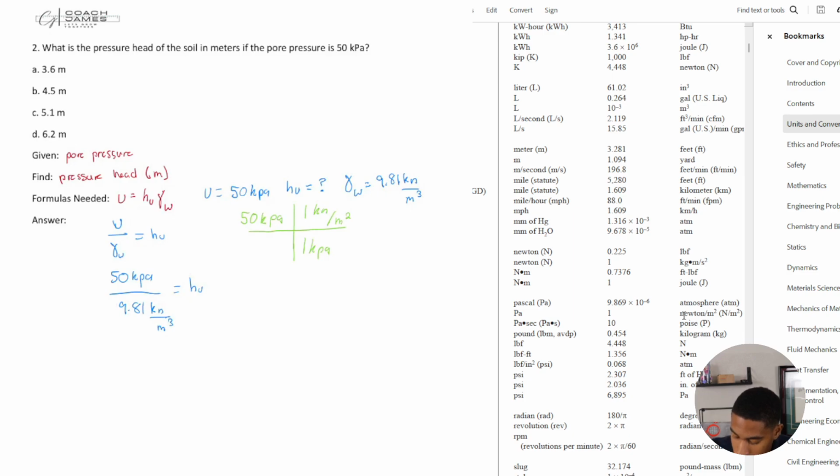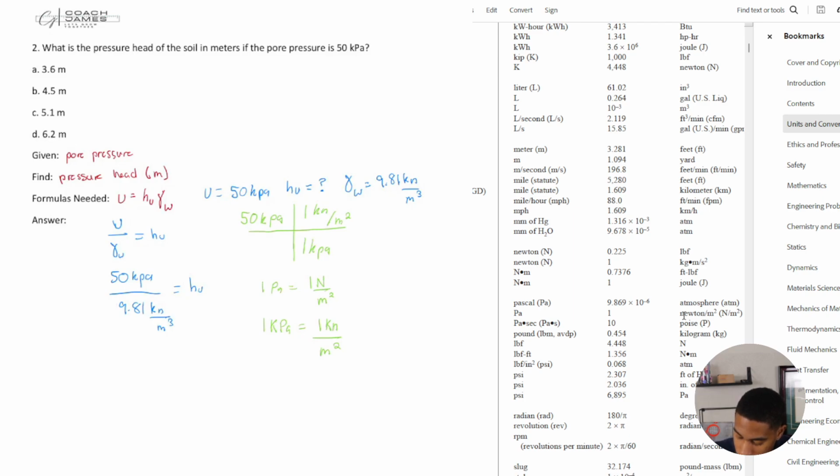Or you could say, I know that 1 Pa is equal to 1 Newton per meter squared, right? Well, if I want to get kilopascals, how would I do that? Well, I would multiply both sides by 1,000. So 1 kPa would equal 1 kilonewton per meter squared. All right, so hopefully that makes sense.